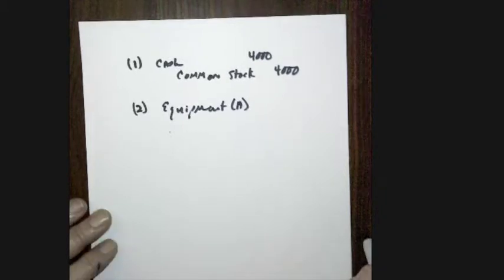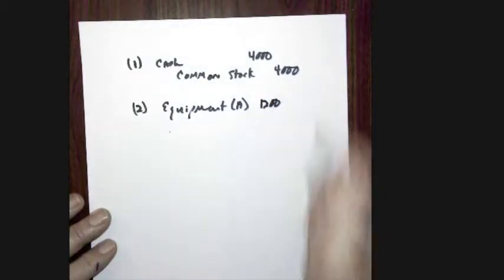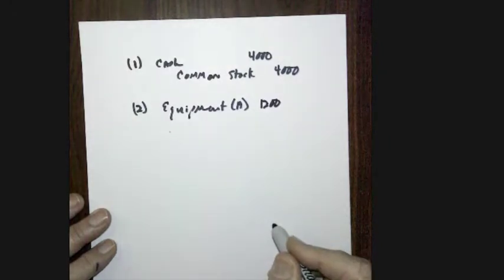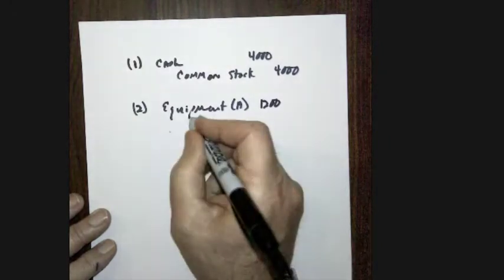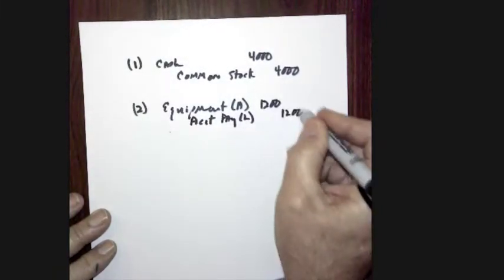What you call it is not as important, but equipment is a standard name. This is equipment that will be used in the operation of this welding business in the future, so it has value for the company, and so that's a debit to equipment of $1,200, but they haven't paid for it yet. They actually owe the supplier, and so we're going to credit accounts payable, which is a liability account, for $1,200.